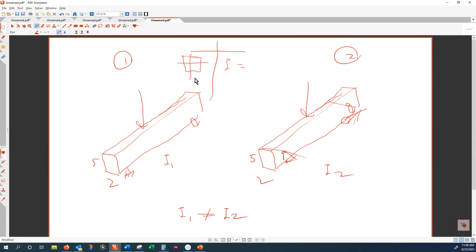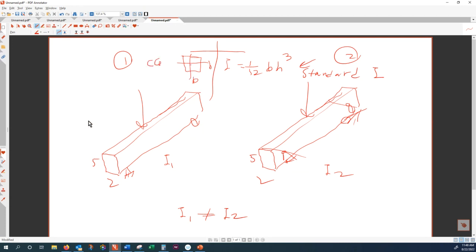I equals 1 over 12 BH cubed. No, that's not the correct answer. So here the bending is done with respect to the center of gravity. So this is called the standard. This is the standard I with respect to the CG.